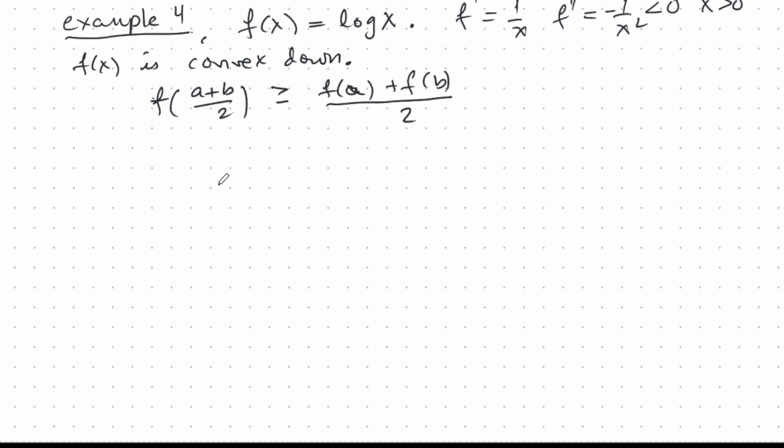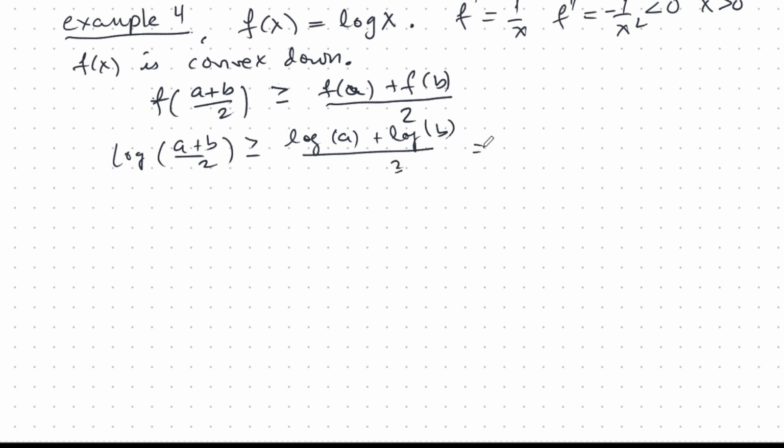And let's use this with log. So I have log of (a plus b) over 2 greater than or equal to (log a plus log b) over 2. But I can use some log magic and combine these two. The 1/2 I can bring inside and put the a and b together, so I have the square root of ab.